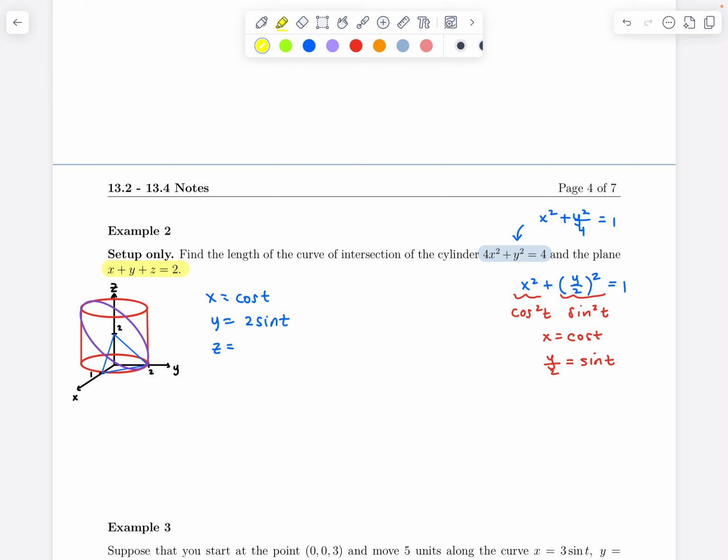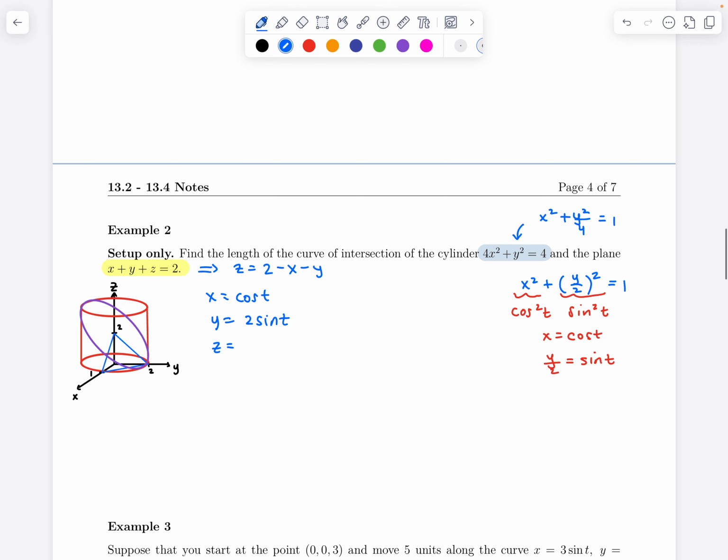Because I know x and y are determined. They are set along that elliptic cylinder. But notice that for the plane, once I know what x and y are, z is determined as an equation of those. So if I were to rearrange this equation and solve for z, I would get z equals 2 minus x minus y.